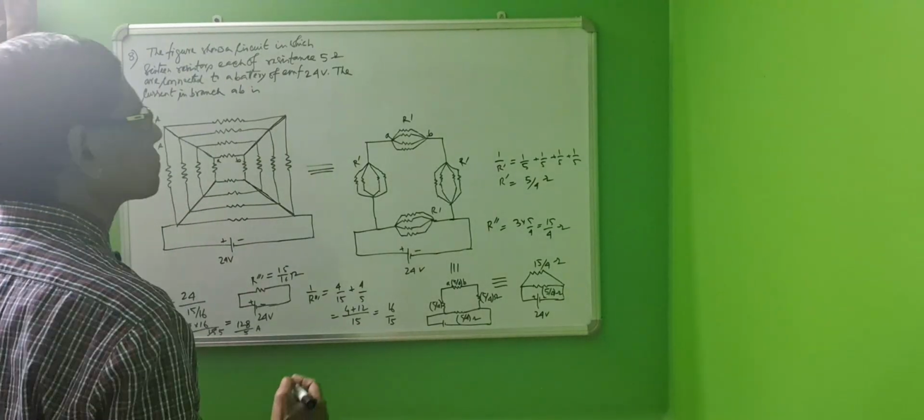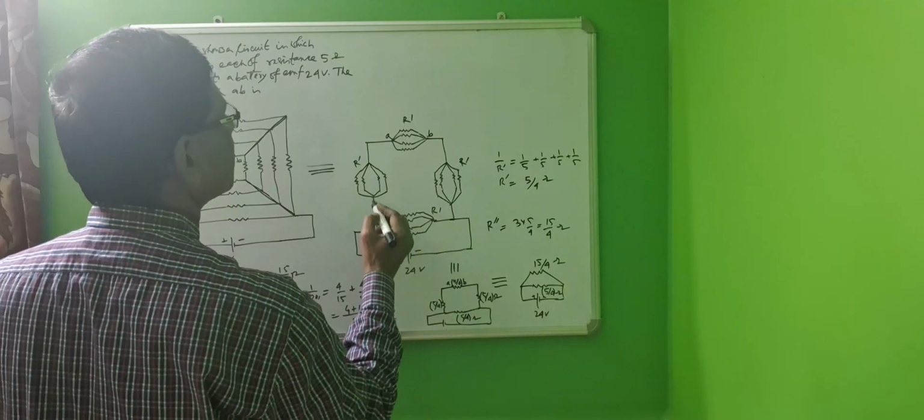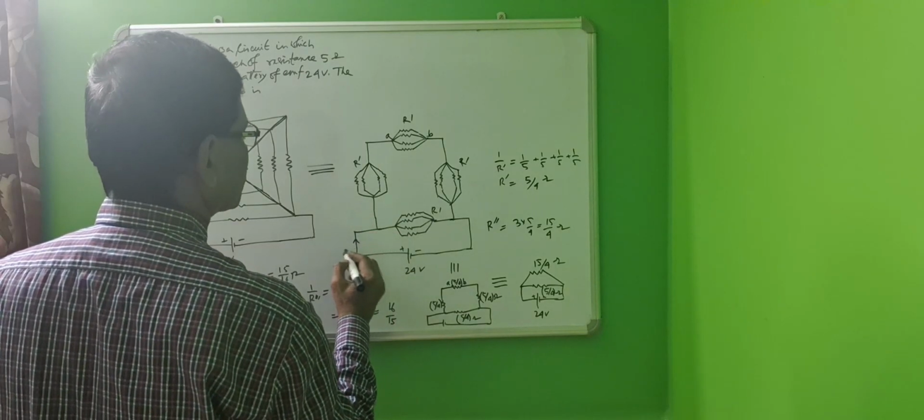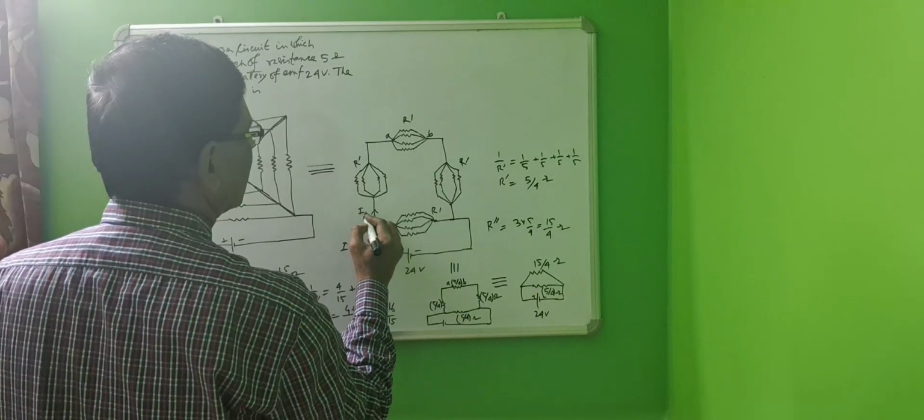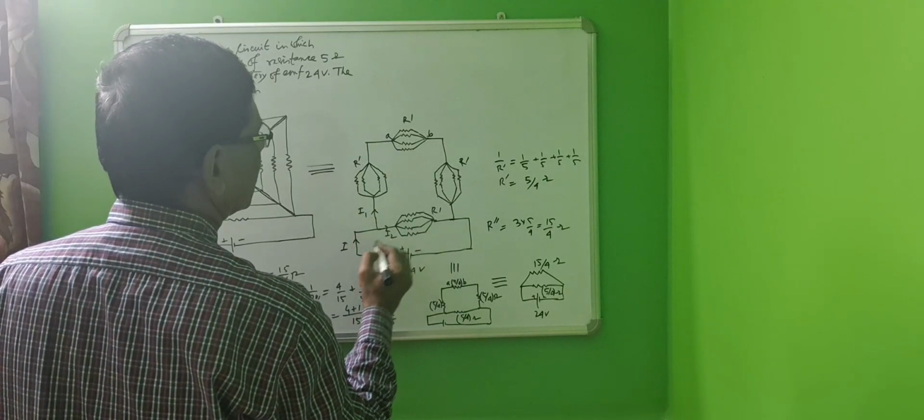Now this I is the current passing through this and this, I1 and this I2.